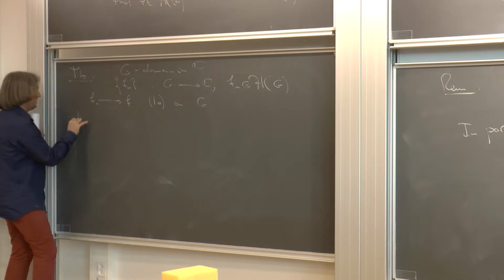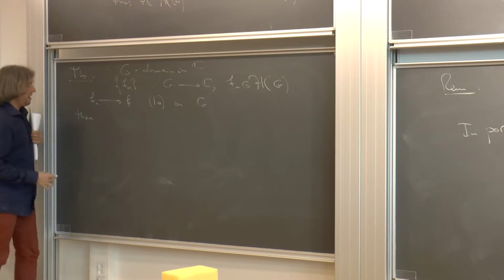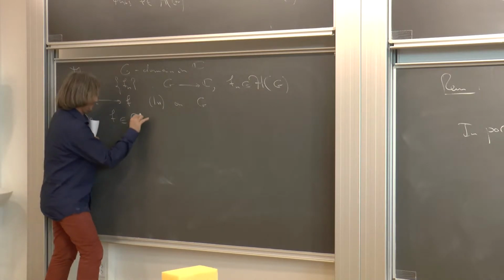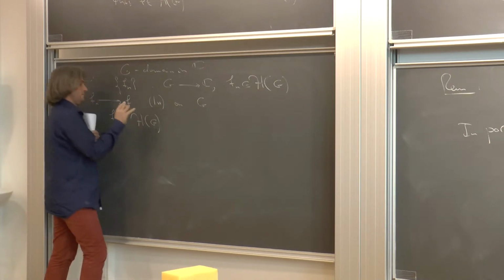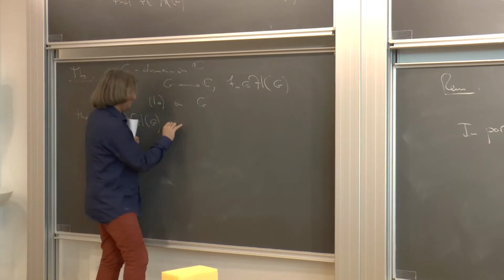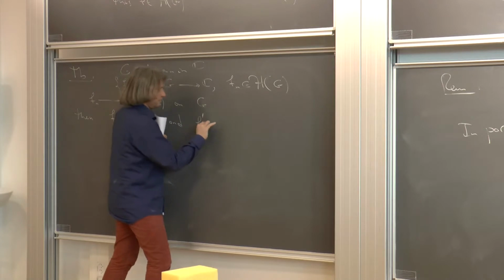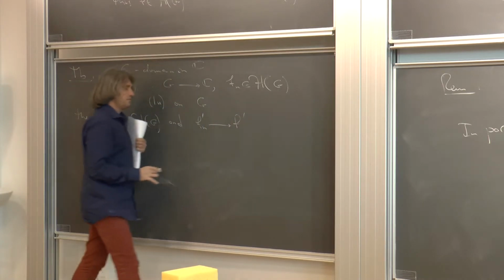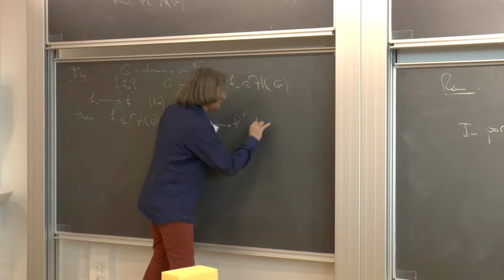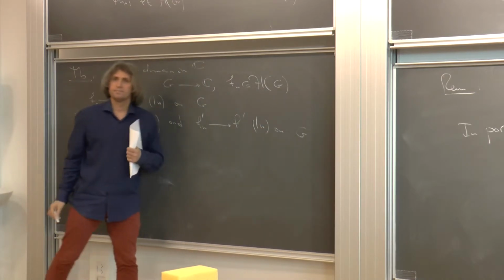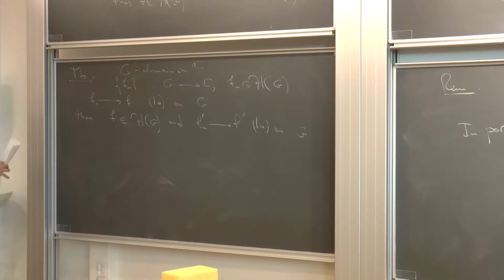Then F is also holomorphic. And the sequence of derivatives converges to the derivative of the limit locally uniformly on G. So the form in which we'll use it is like this.